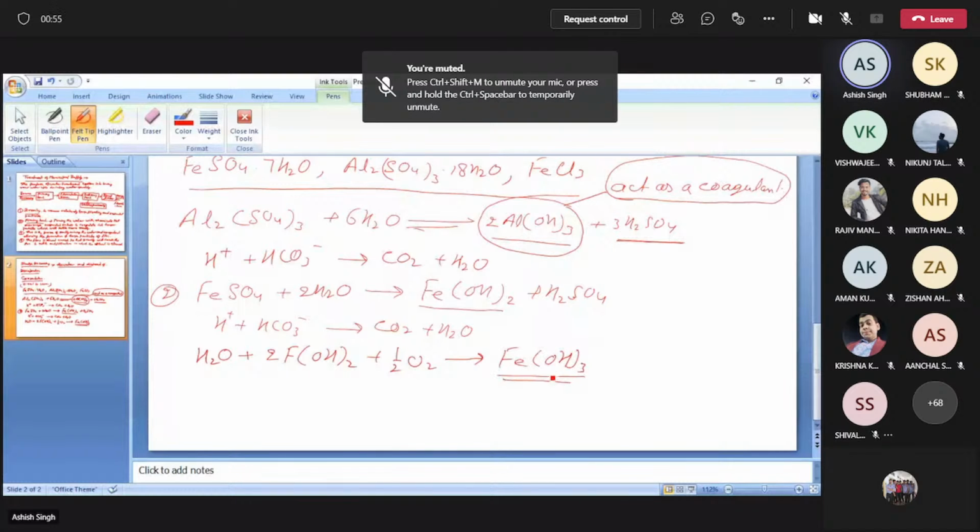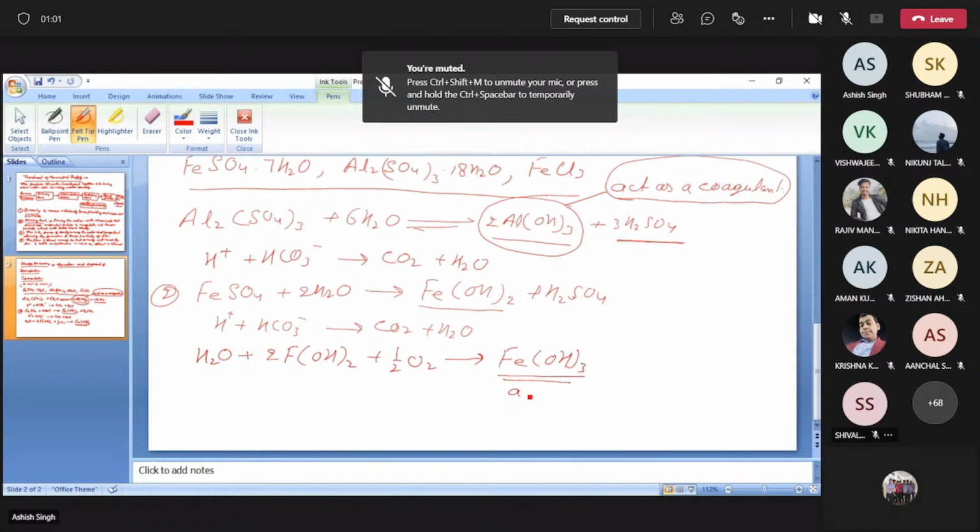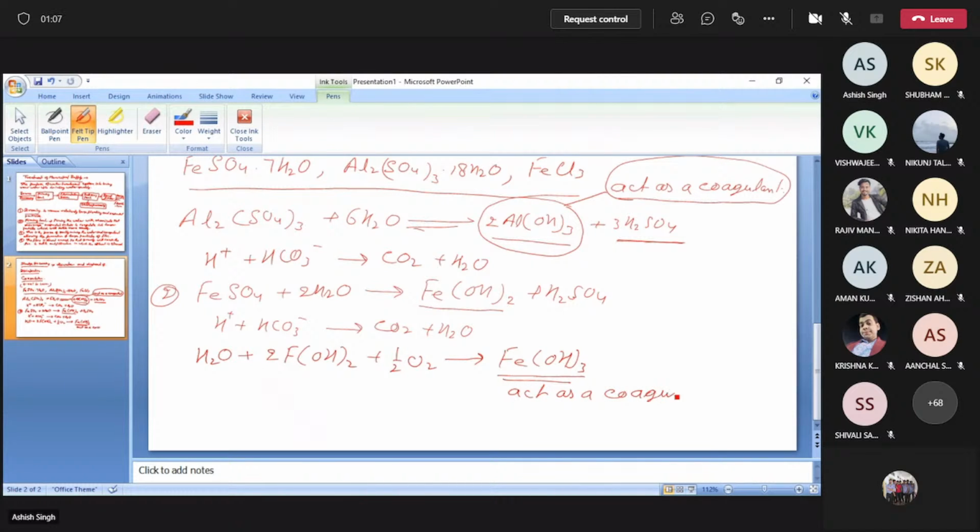Converting this one, this one acts as a coagulant. This one acts as a coagulant. But here, the formation of this one does not act as a coagulant.